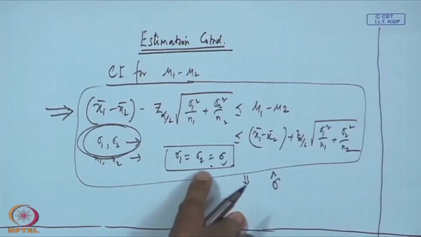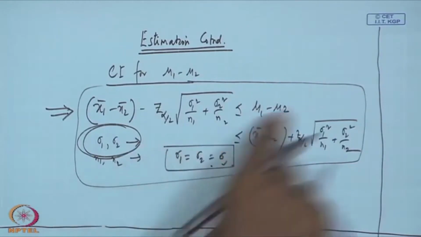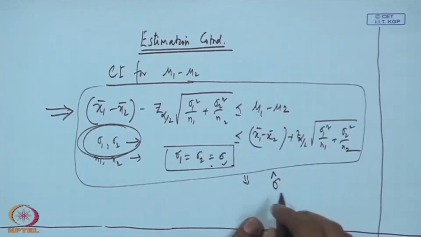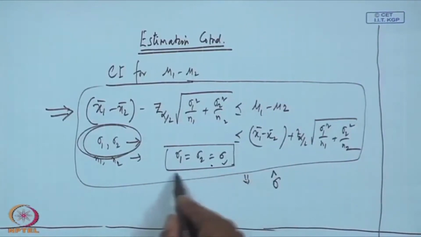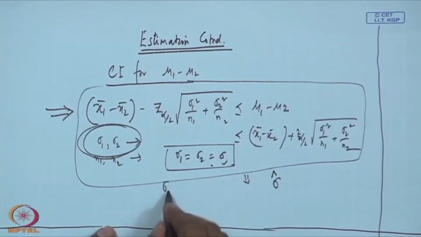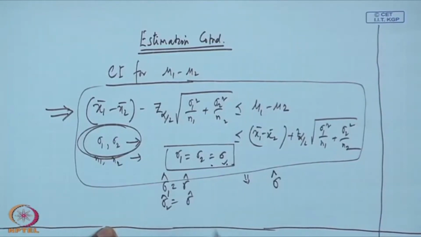The reason is, as sigma 1 equals sigma 2 equals sigma, you have two samples of sizes N1 and N2 from the two different populations. You could calculate the sigma estimate from sample 1 and from sample 2, but the two will definitely be different, because they are samples only.